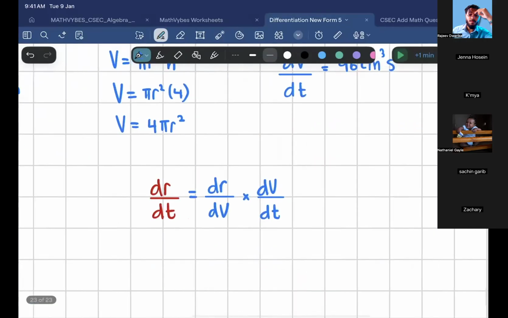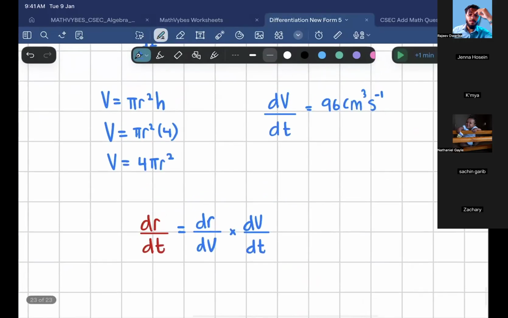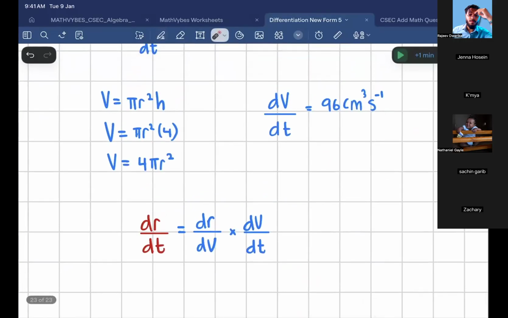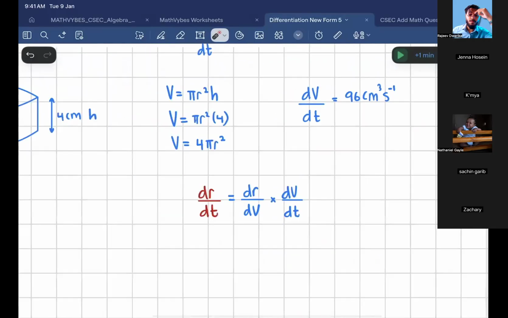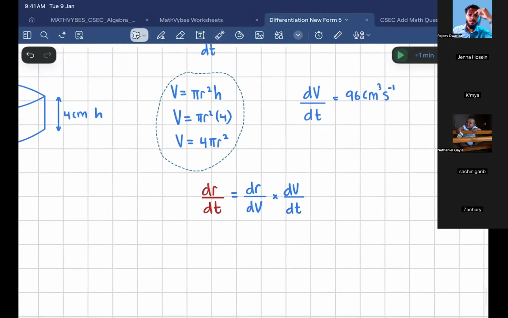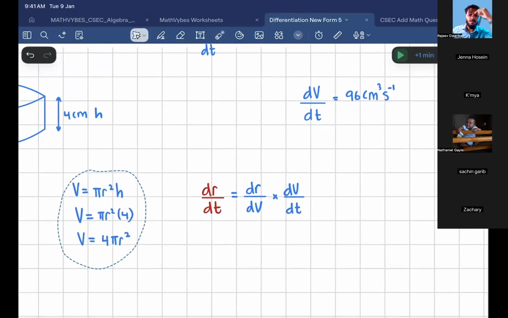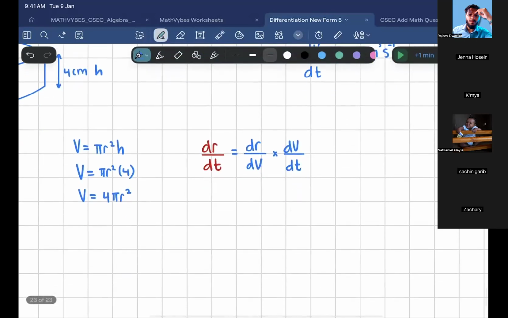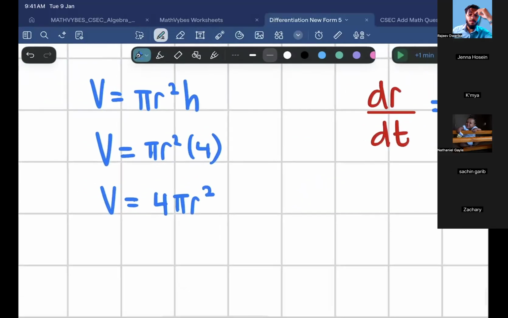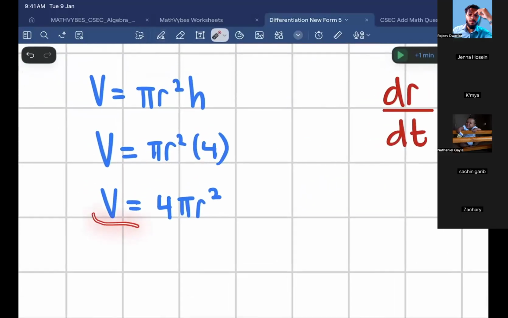Okay. So, Jenna, we have dV/dt, right? Yes, sir. But we had to find dr/dV. How could I find dr/dV? Differentiate the volume with respect to what? What's the only thing you could differentiate with respect to? Radius.